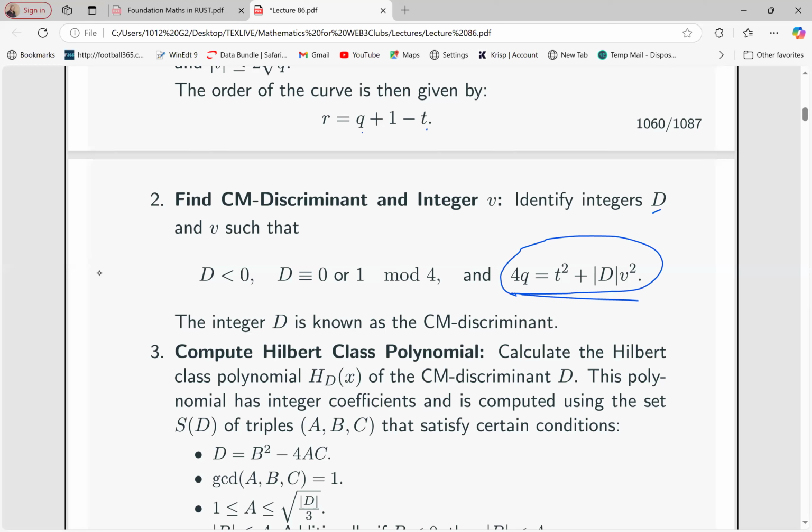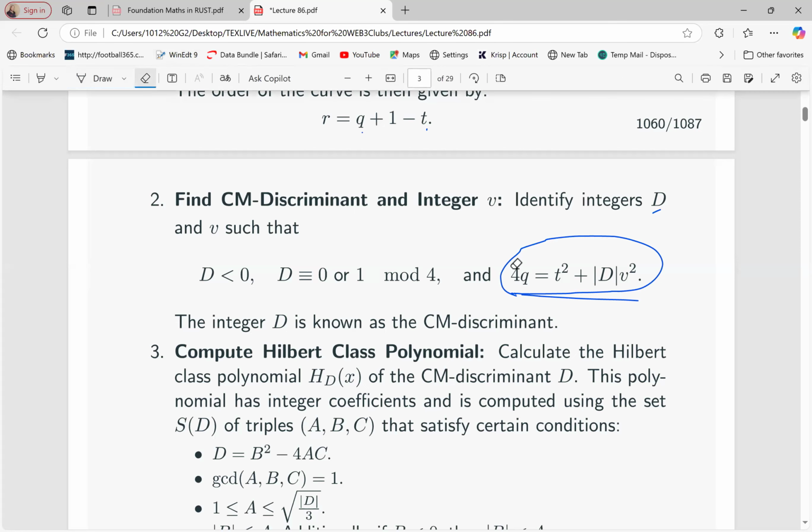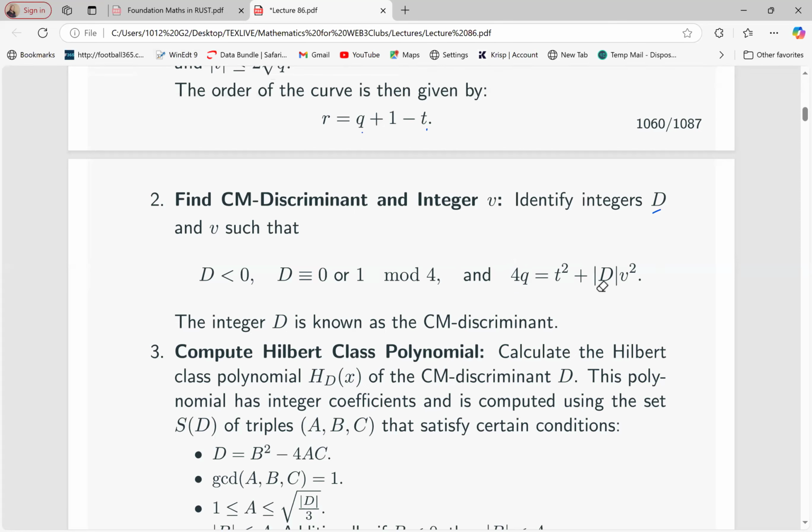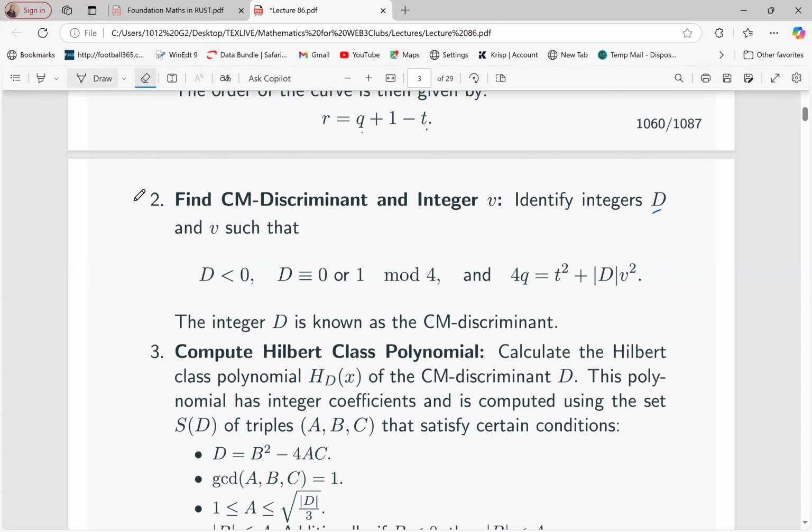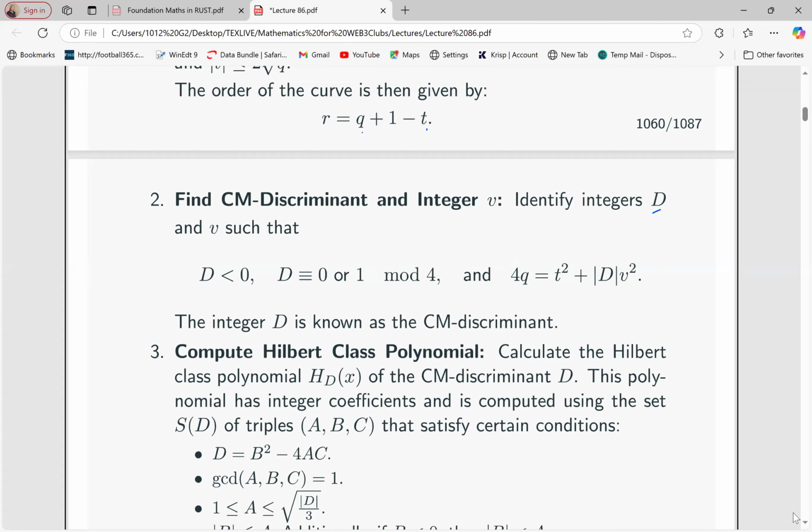You just write 4 times Q, where Q is the base of the field, is equal to T squared, where T is the trace, plus D multiplied by V squared. At that point, you then want to find what D is. We shall be looking at an example again, just to emphasize.